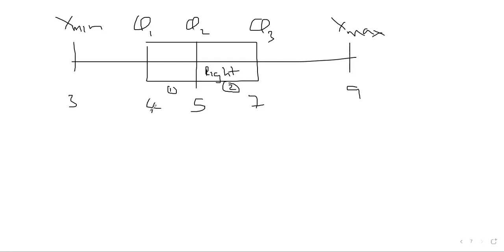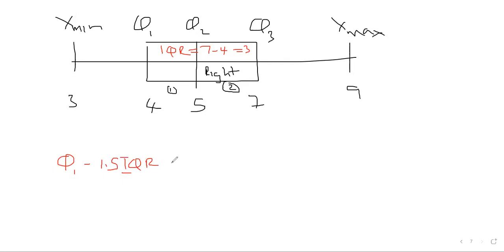So the distance from the lower quartile to the upper quartile is called the interquartile range. So IQR was what? 7 minus what? 4, we get a 3. So we need to find the minimum value, which is Q1 minus 1.5 IQR. We'll find the coordinates.